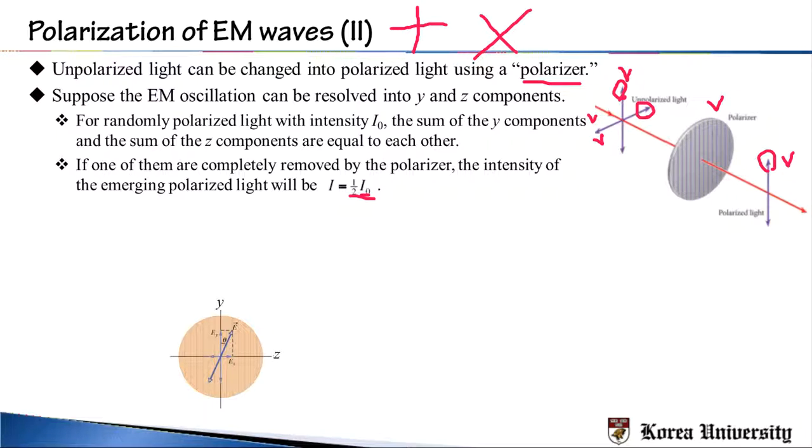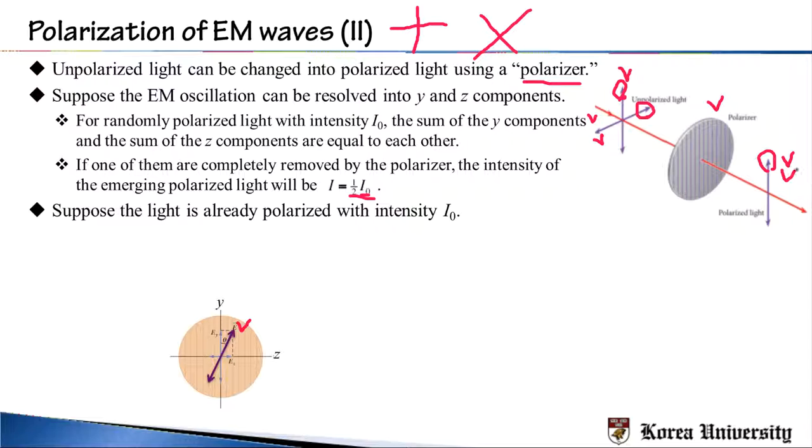Okay, and then next, we can try to use another polarizer on the polarized light. Then we have a choice of the angle. Suppose this arrow here is the same arrow as this one, which means that now we are going to use another polarizer at an angle theta with respect to this polarized light.